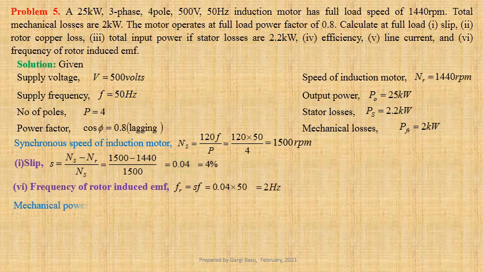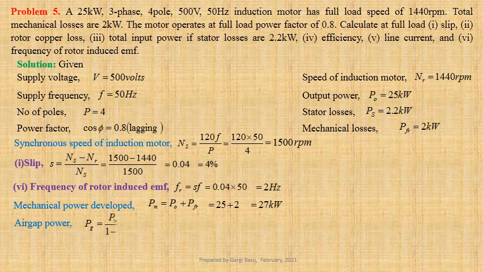Mechanical power developed PM equals PO plus PFR, that is equal to 25 plus 2, that gives us 27 kilowatt. Let us now calculate air gap power.